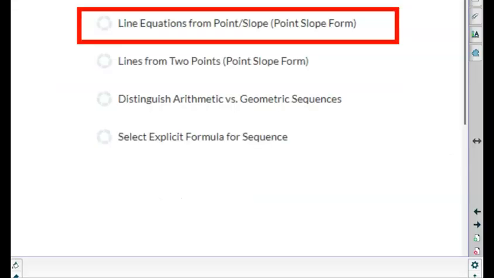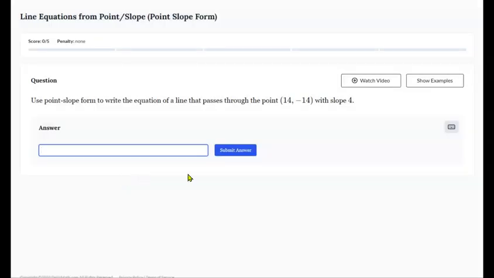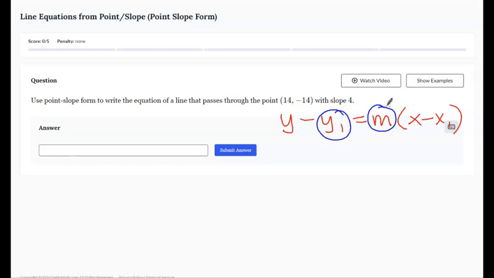The next topic is writing linear equations using the point-slope form. So just like in the previous lesson, where I talk about using this formula, known as the point-slope formula, you're going to erase and replace the slope and use a single point.